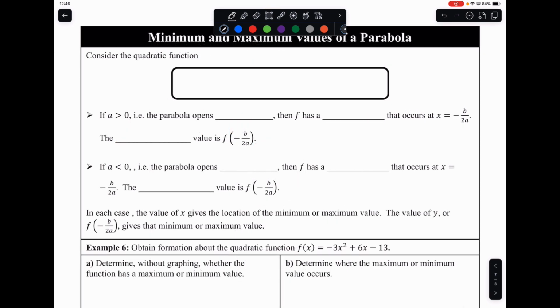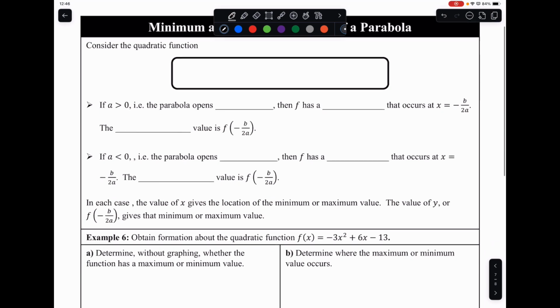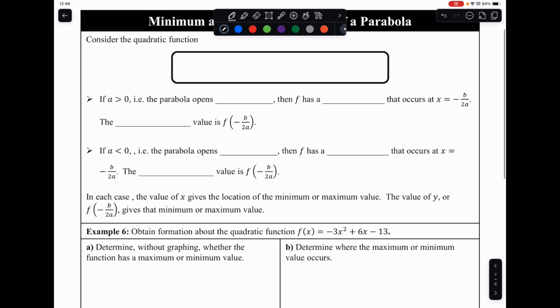Okay, let's now talk about minimum and maximum values of a parabola, and let's apply this to some real-world scenarios that involve quadratics. So let's recap. First of all, recall that the polynomial form of a quadratic is a times x squared plus bx plus c. Now this value of a tells me some important information about the quadratic.